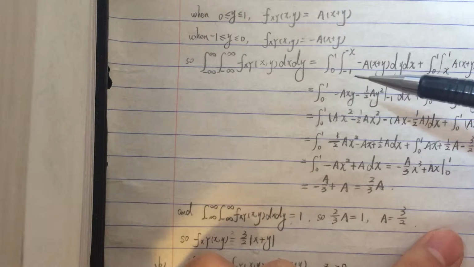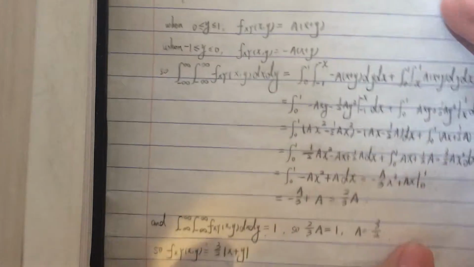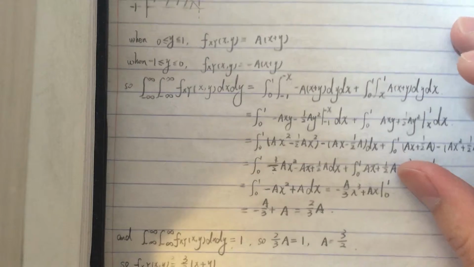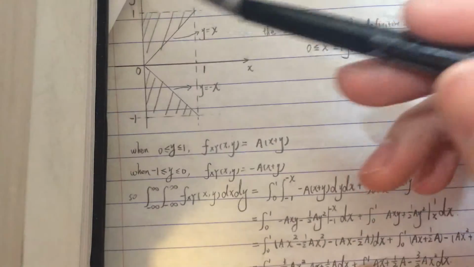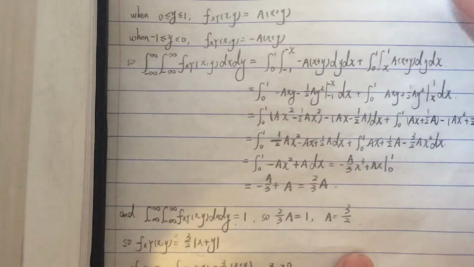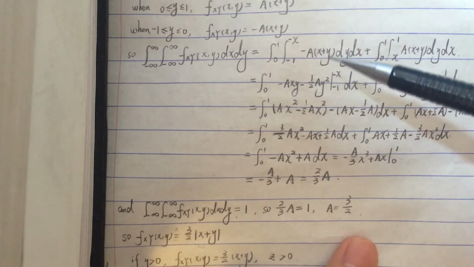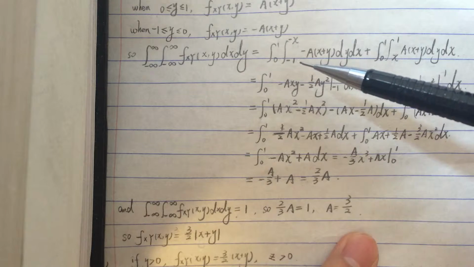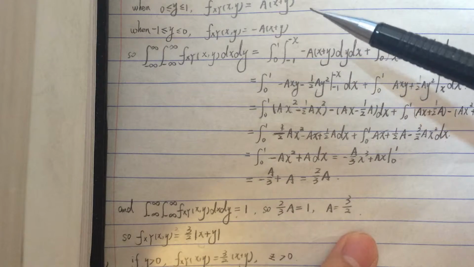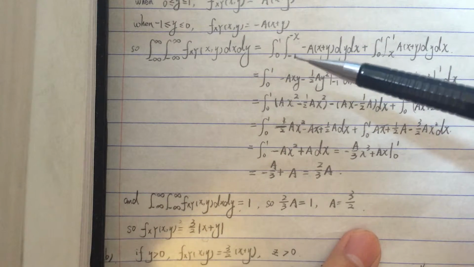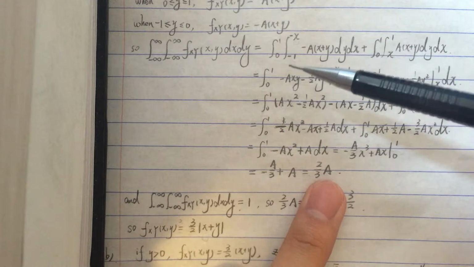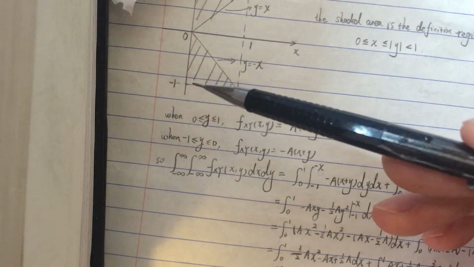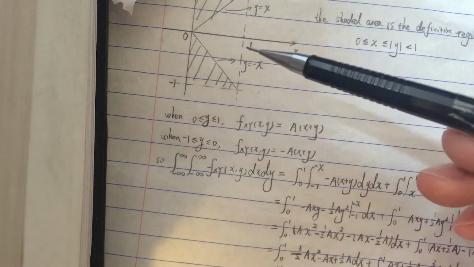According to this region, we can set the lower and upper integration limits: y from -1 to -x, and x from 0 to 1.